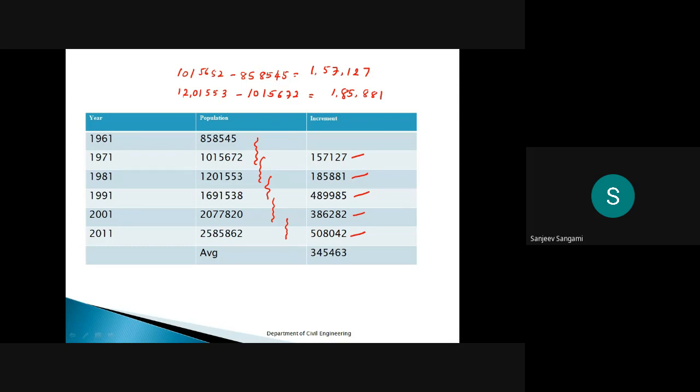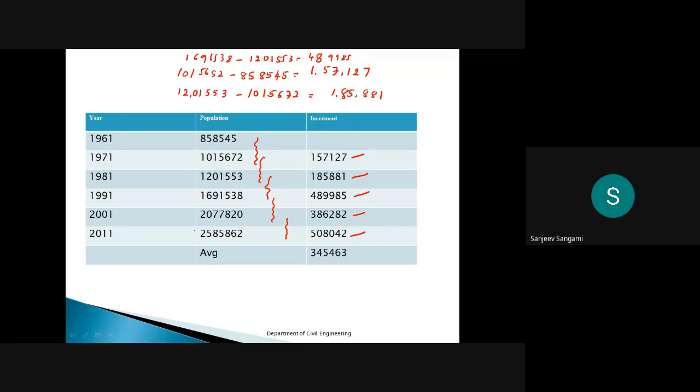Similarly, the difference of 16,91,538 minus 12,01,553 will be 4,89,985.